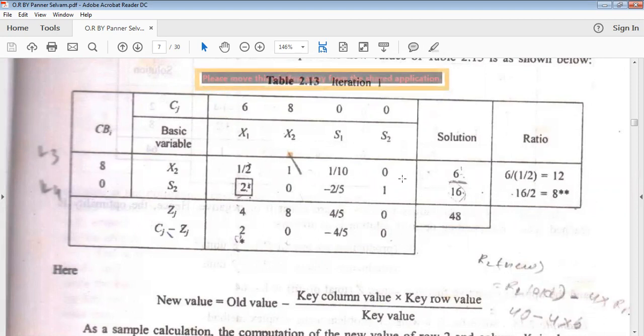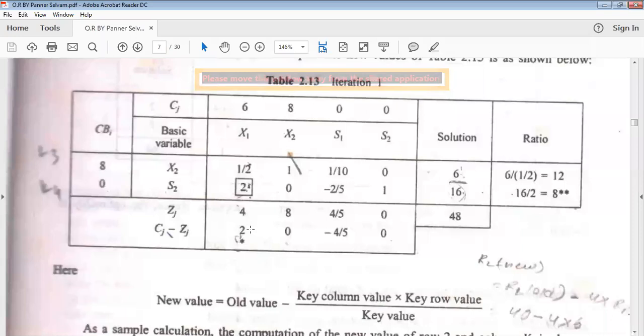And 8 into 0 and 0 into 0, all these are zeros. So like that, 4, 8, 4 by 5 you are going to get. So these are the Zj values.